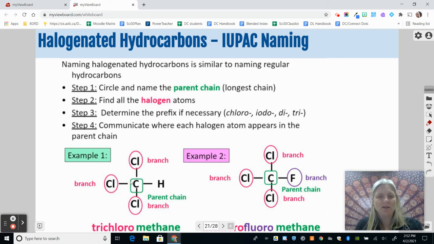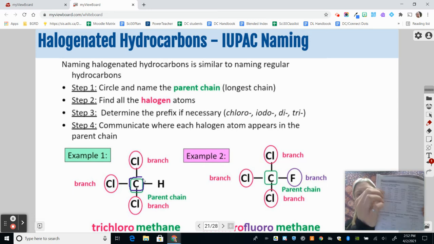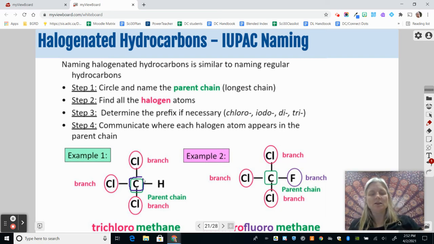So for the example here, the parent chain is, there's just 1 carbon in this compound. A 1 carbon compound is methane. All right. So we write methane. You can see methanes here. And then instead of hydrogens, we have these chlorine atoms that have been added.